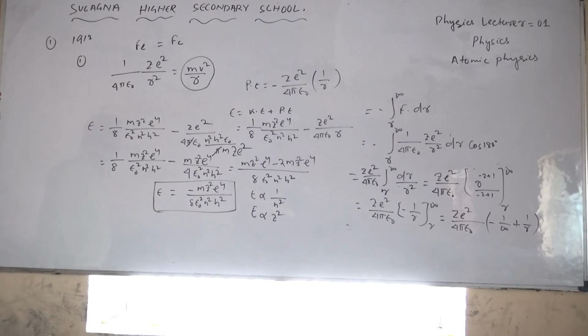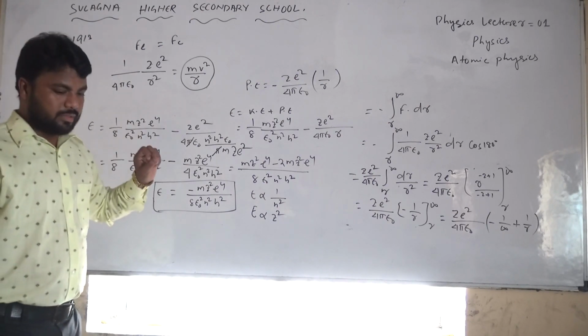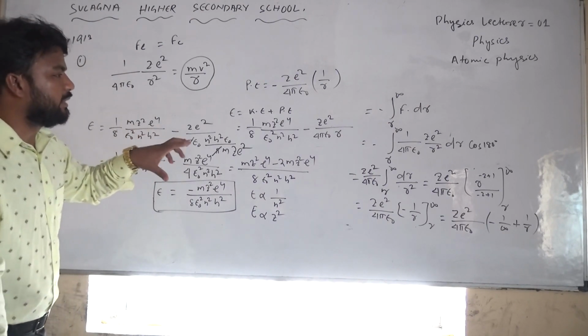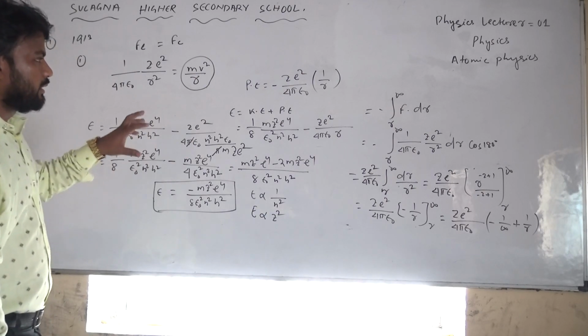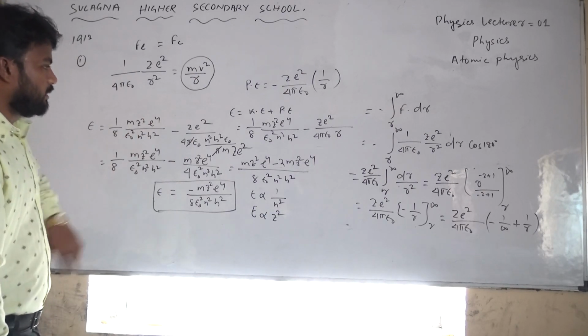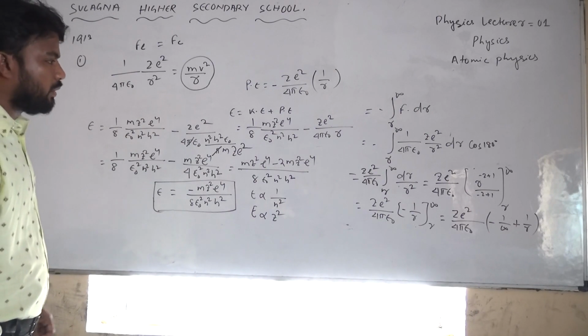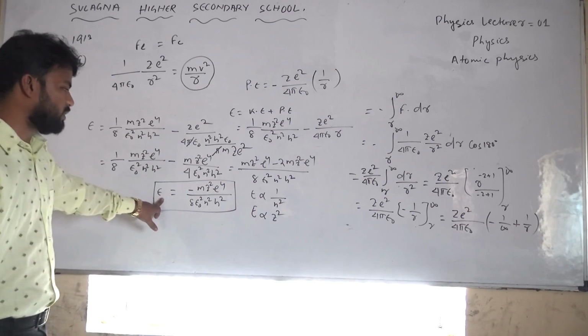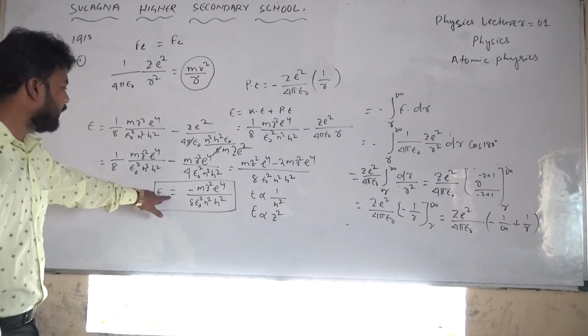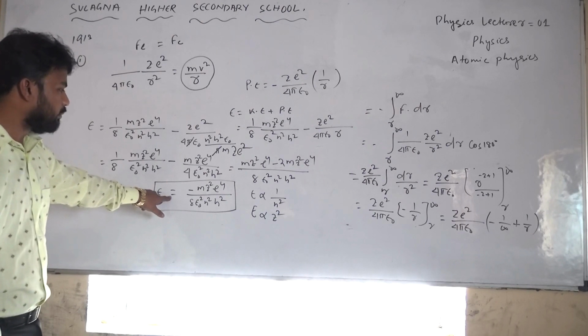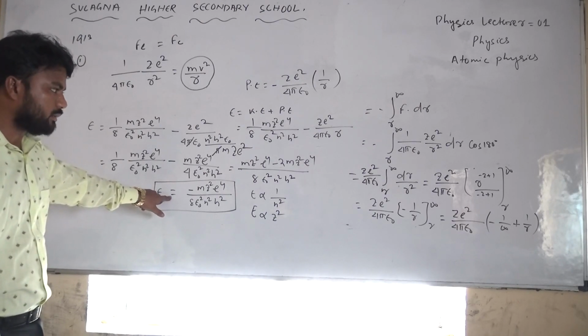This is the calculation of the radius of a specific orbit from a nucleus, the velocity of the electron in an orbit, and the energy for a particular orbit.